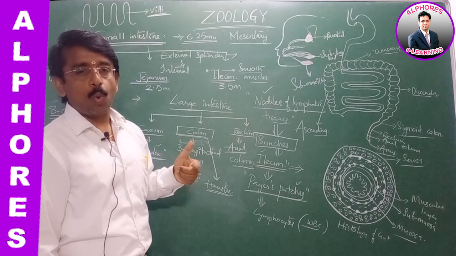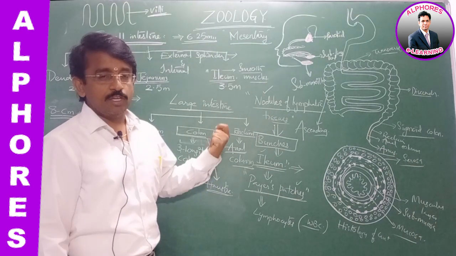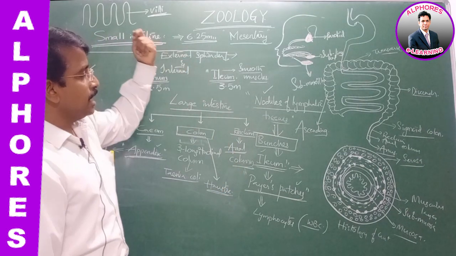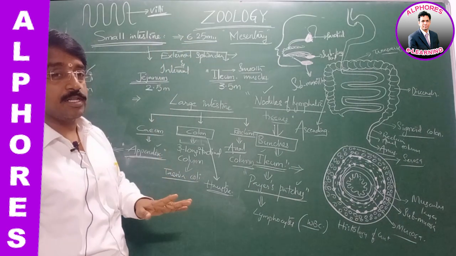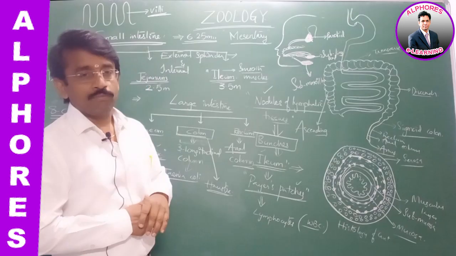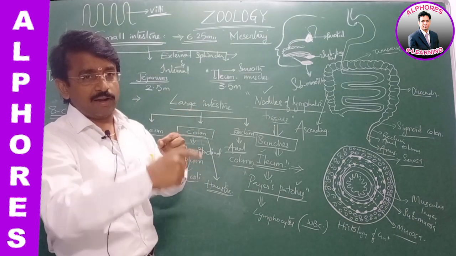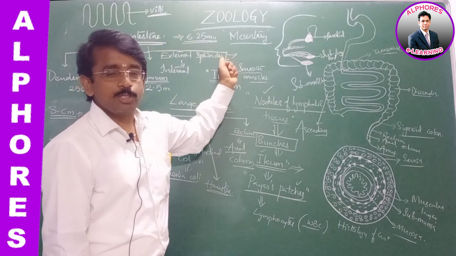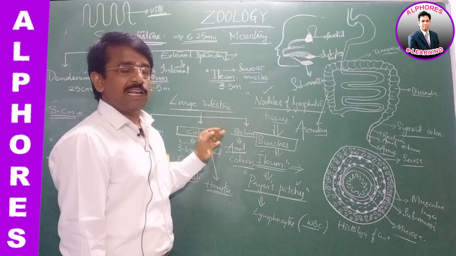Tonsils are lymphatic tissues present in the oral region in the form of a ring, Waldeyer's ring, an arrangement of lymphatic tissue in a circular manner, which includes the pharyngeal tonsils, tubal tonsils, palatine tonsils, and lingual tonsils.